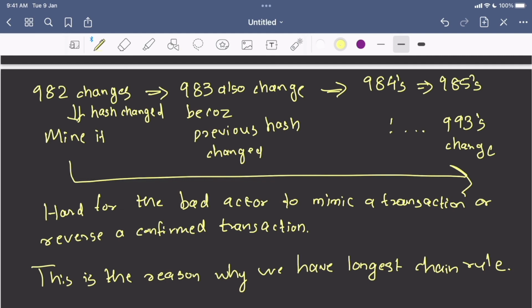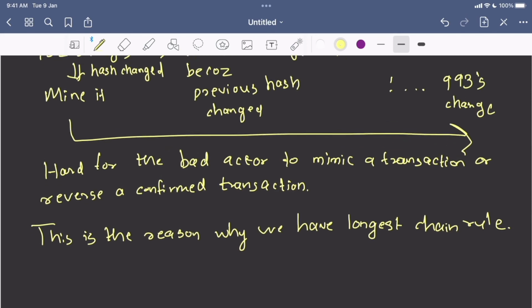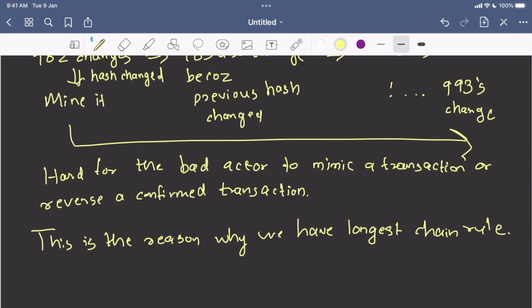So this is the reason why we need to have a longest chain, so that if any bad actor tries to change a block, he will have to mine many blocks. So we are trying to give him as many blocks as possible to mine if he tries to change any block. That is essentially if he's trying to change any transaction or mimic any transaction.